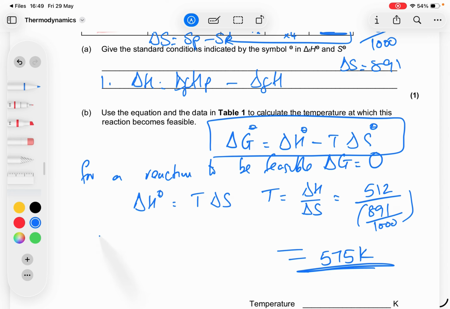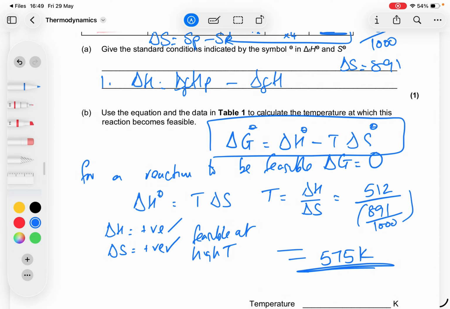Here I want to highlight something for you. In this reaction, delta H is positive and delta S is positive. As a general rule, when enthalpy is positive, endothermic, and entropy is positive, then that reaction will be feasible at high temperature.